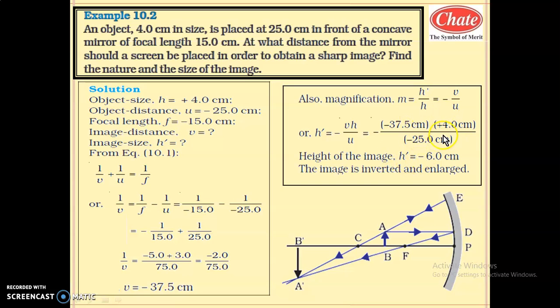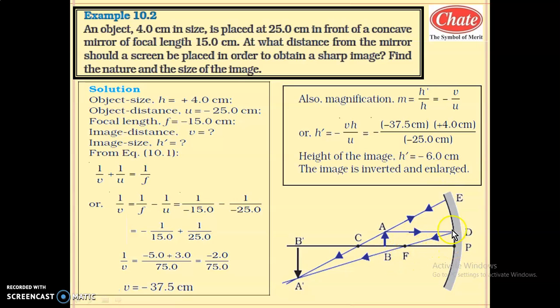And calculation of this will be 6 centimeter. You carry out this, cancel by divisibility test, you will get H dash is minus 6 centimeter. Negative sign shows the image is inverted and its size is larger than object size, so magnified. So the image is inverted and enlarged.